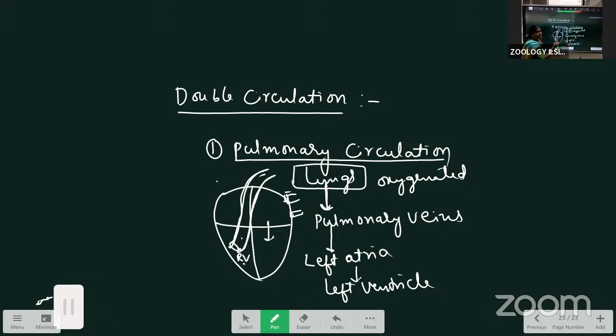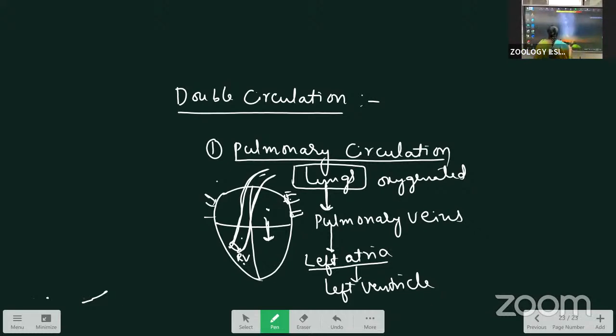Two pairs of pulmonary veins: on the right side, one pair is present, and on the left side, one pair is present. They give the oxygenated blood to the left atria, which then enters the left ventricle. This is about the pulmonary circulation. Next, we are going to discuss the systemic circulation.